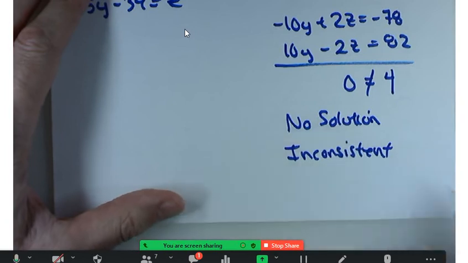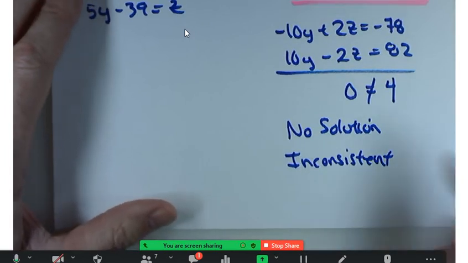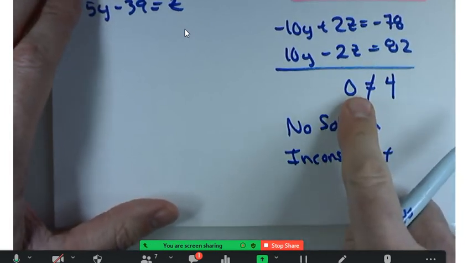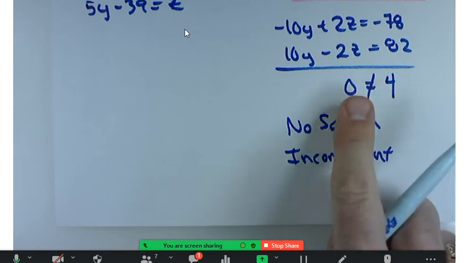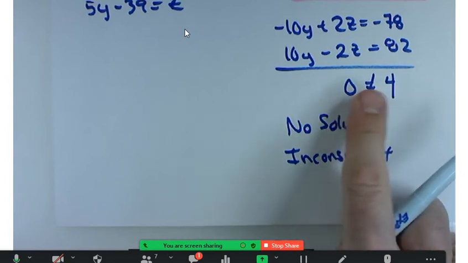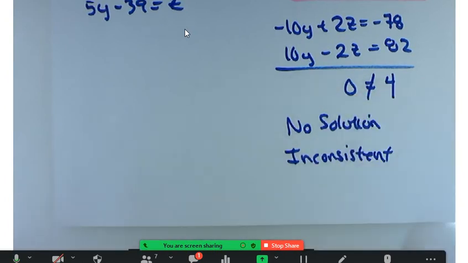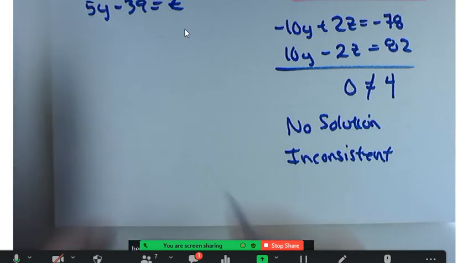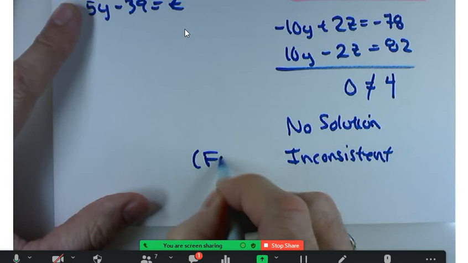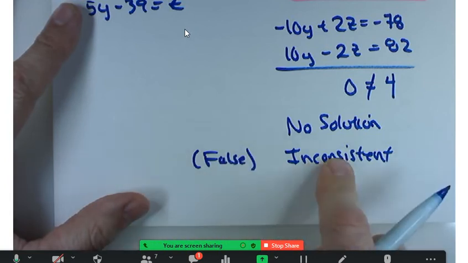There's no solution. Now, if you ended up with something like 6 equals 6 here, or 12 equals 12, something that was true, then it's telling you that you've got a dependent system of equations. If you have something that's false and all the variables drop out, that's inconsistent.